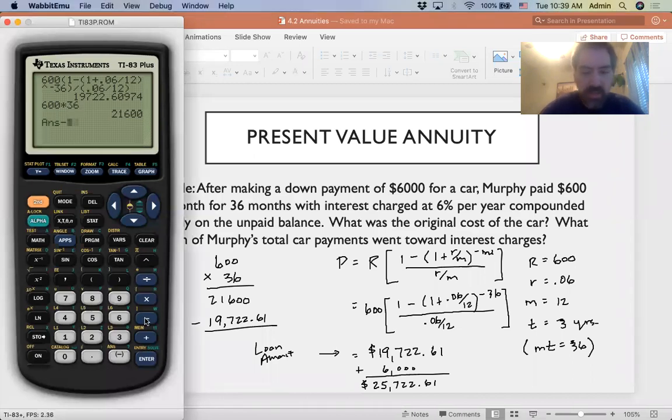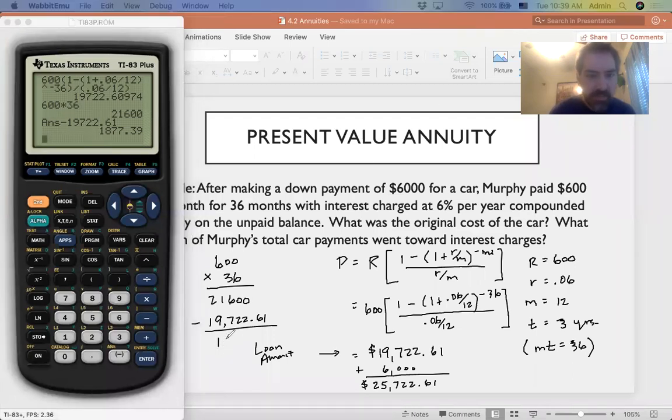Subtract the $19,722.61 to get the interest amount, which tells us that he paid $1,877.39 in interest. Okay, so that is the original cost of the car and the amount of interest that he paid.